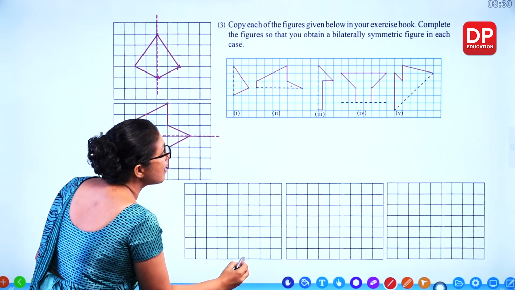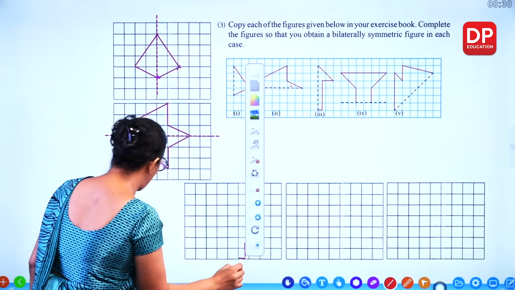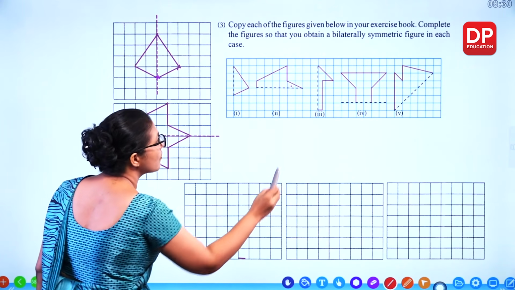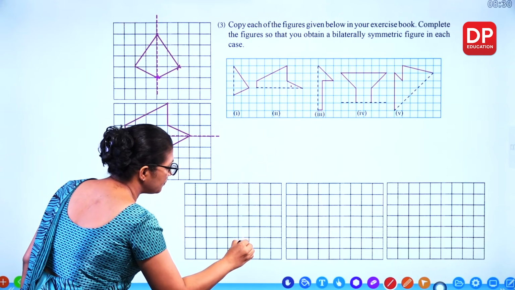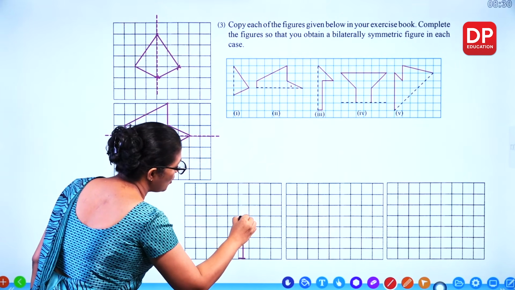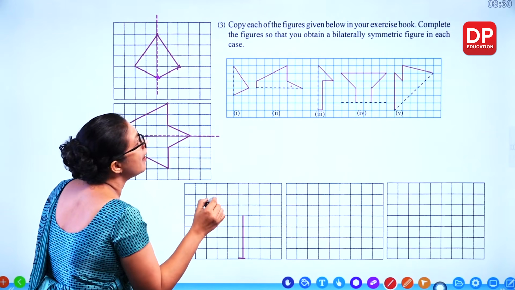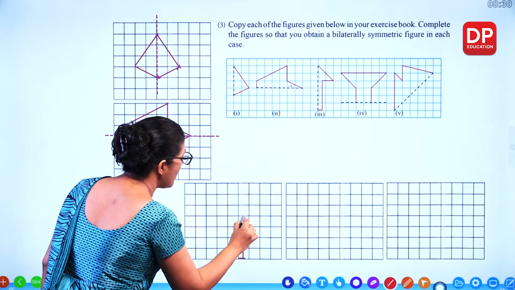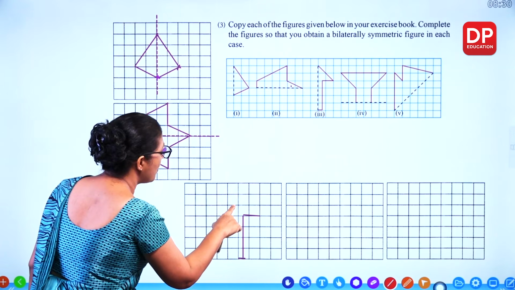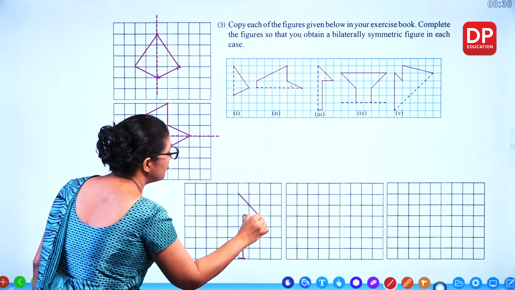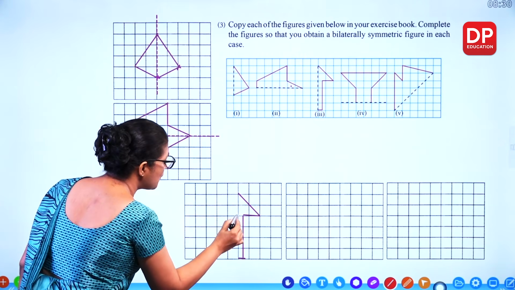So we'll take half of a square here and then 1, 2, 3, 4. 4 squares up. 1, 2, 3, 4 squares up here and then 1.5 squares this way and 2 squares up. 1, 2. You get this one and complete this figure.